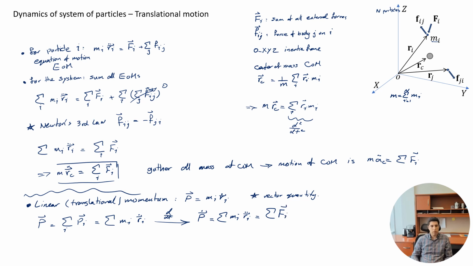So this is the relation between the rate of change of momentum and the external forces. You can take the integral of that over time, and P2 minus P1 is the integral of the sum of Fi dt.